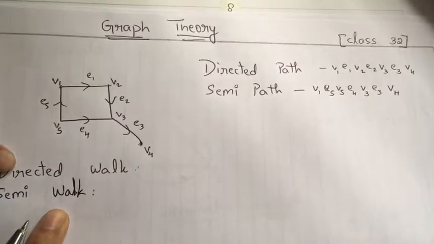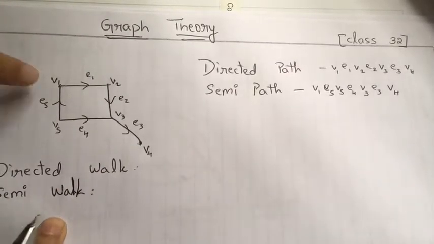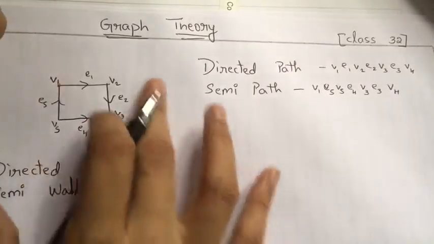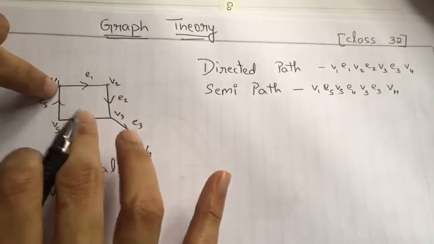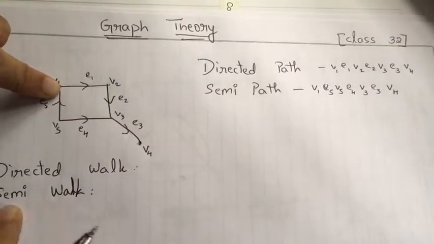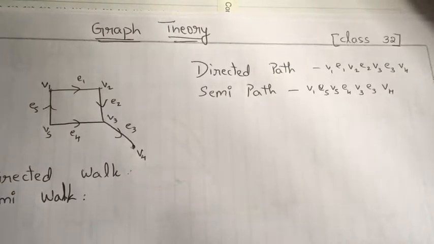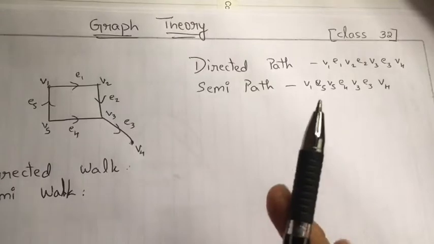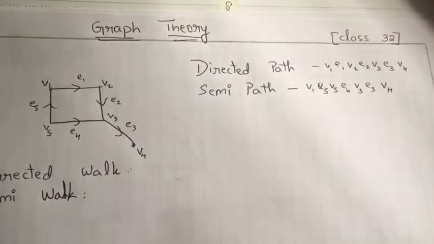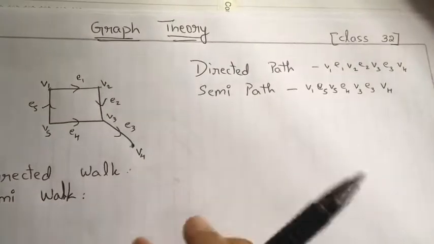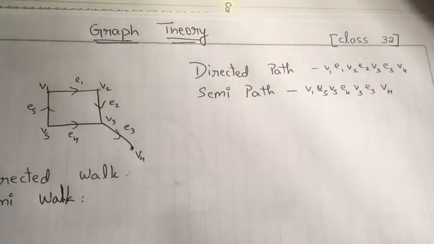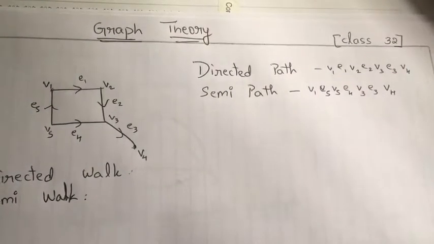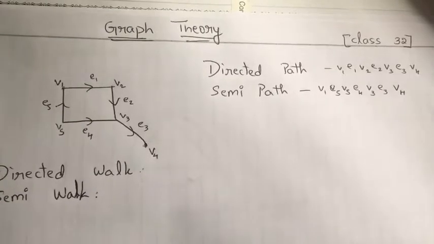It is a walk when I consider the undirected graph of this directed graph, and that is a semi-walk. And always remember, no edge in a directed walk appears more than once, but a vertex may appear more than once, just as in the case of an undirected graph.